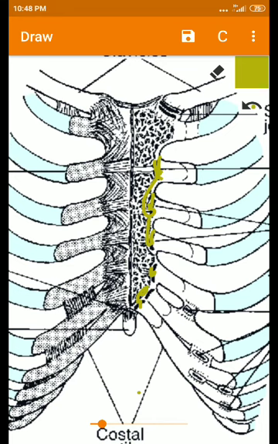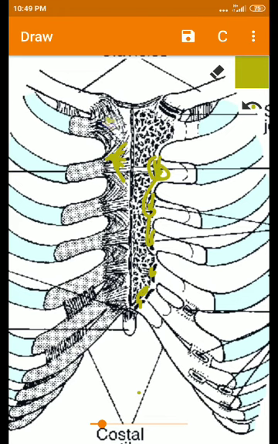So on this side you can see that ligament clearly. If you take each joint, the ligament has three divisions: superior, middle and inferior. This is called the triradiate ligament, which supports the chondrosternal joints.